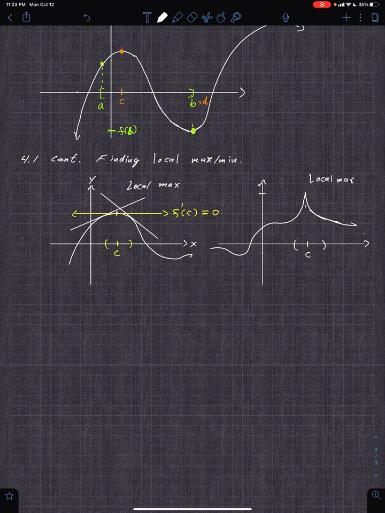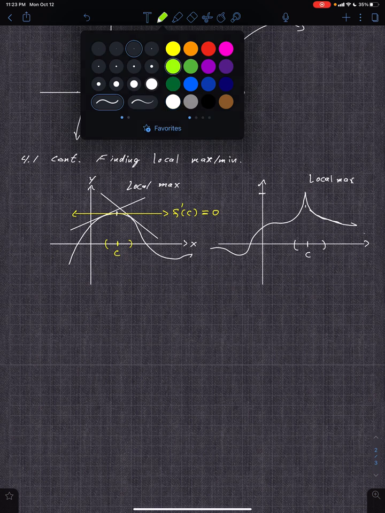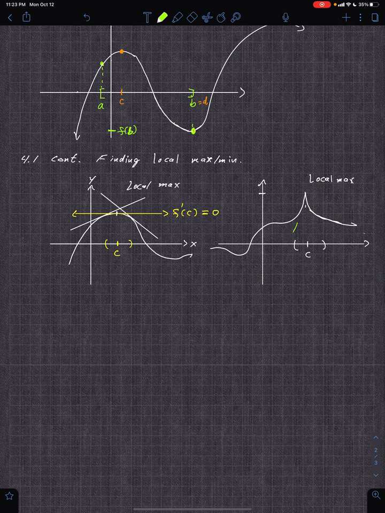So both are local max. In this case, the slopes basically approach infinity. If you take a slope, it goes like this. This is really steep. And then it starts going like this, approaching infinity. And from the other side, it's negative.